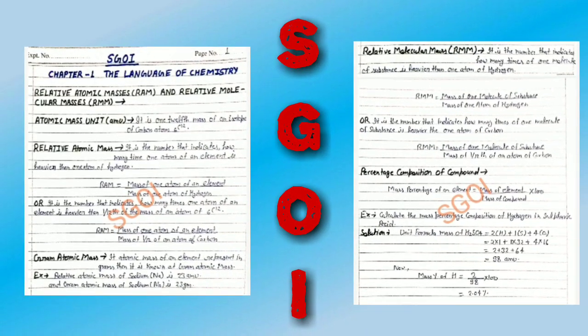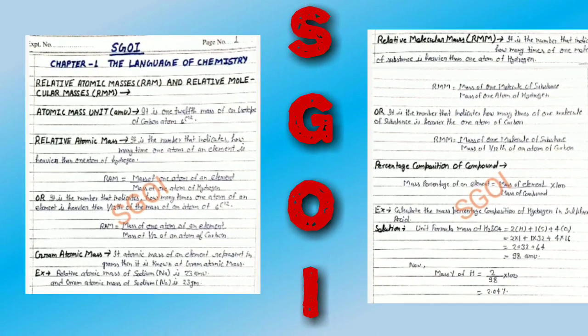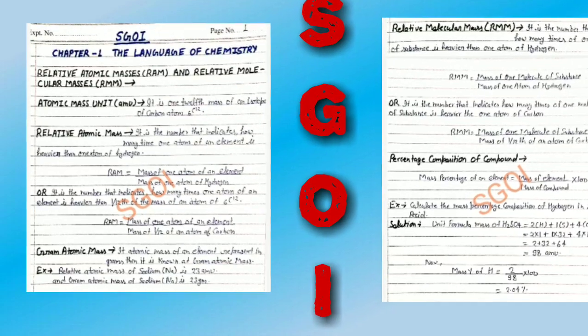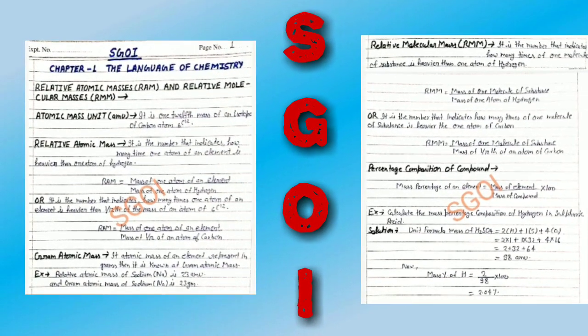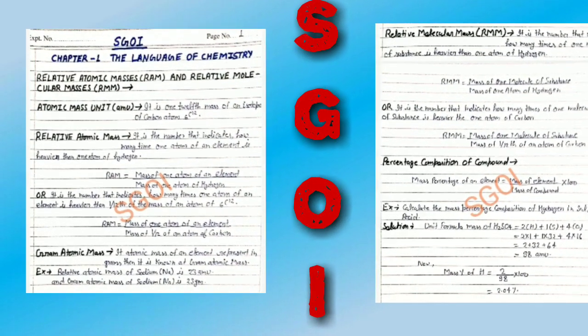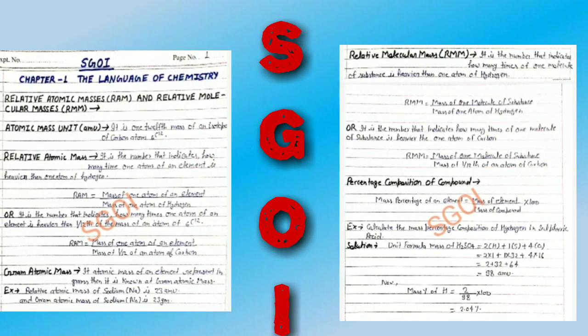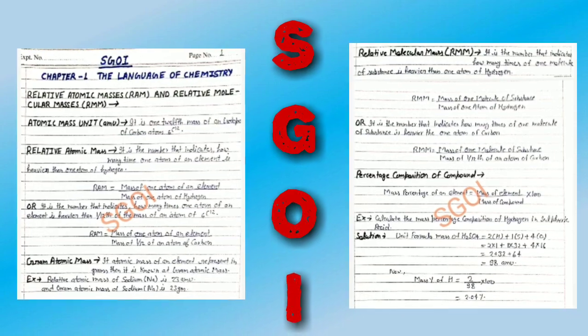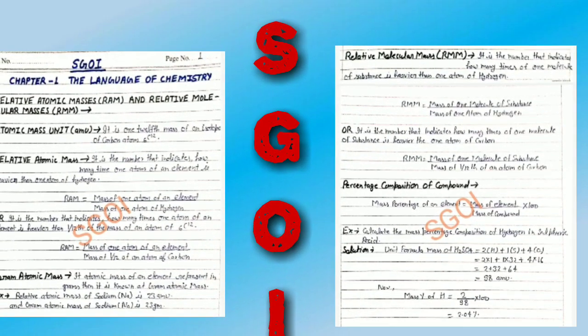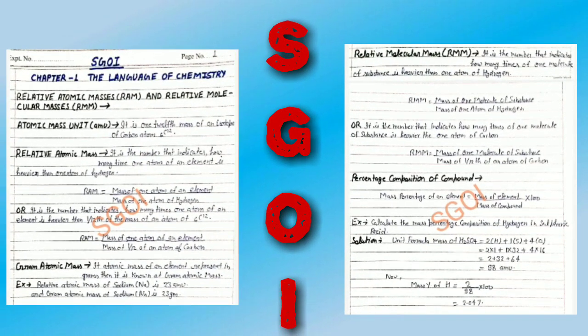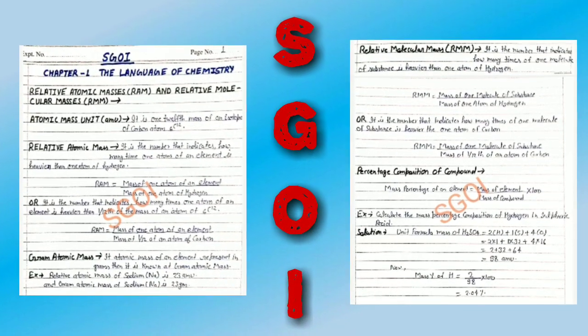Now take an example: the relative atomic mass of sodium is 23 AMU and its gram atomic mass is 23 gram. Okay. Now relative molecular mass, that is RMM.